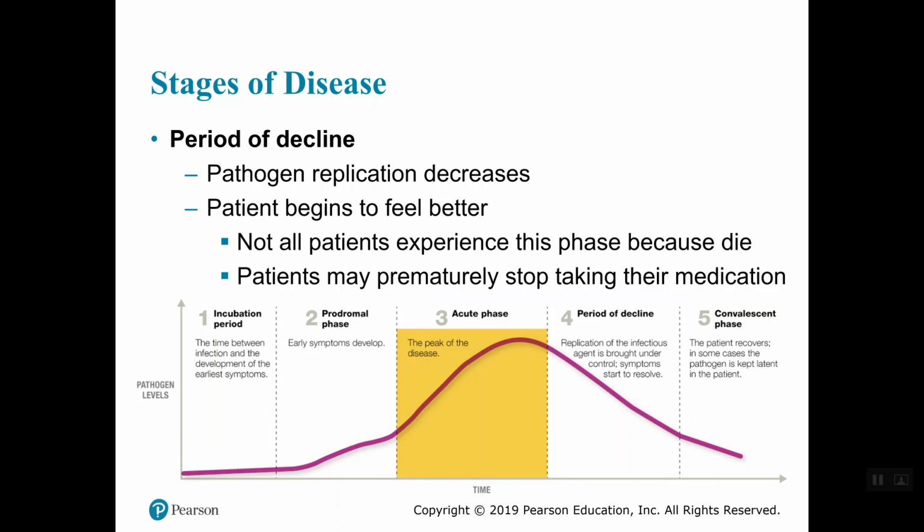Basically, if you stop taking your antibiotics before the end of the regimen, what you've done is expose the bacteria causing an infection in your body to sublethal doses of antibiotics, and potentially added selective pressure on them, allowing those that are mildly resistant to the antibiotics to survive, thrive, and divide. So not a good thing, and always remind patients, even if you start feeling better, keep taking that medication until the prescription is done.